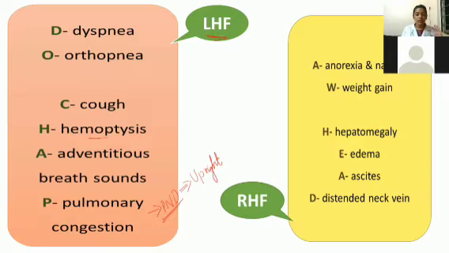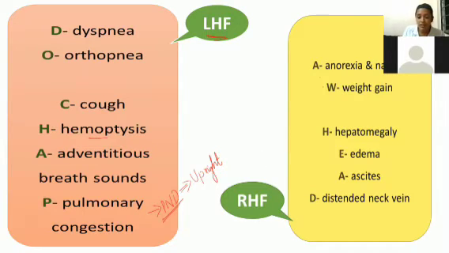So sleeping, they are in supine position, and at that time they are having breathing difficulty, so they will wake up after 1 or 2 hours. Then the symptoms will be relieved mostly by upright position. So this is paroxysmal nocturnal dyspnea. Okay, so these are the symptoms in LHF.